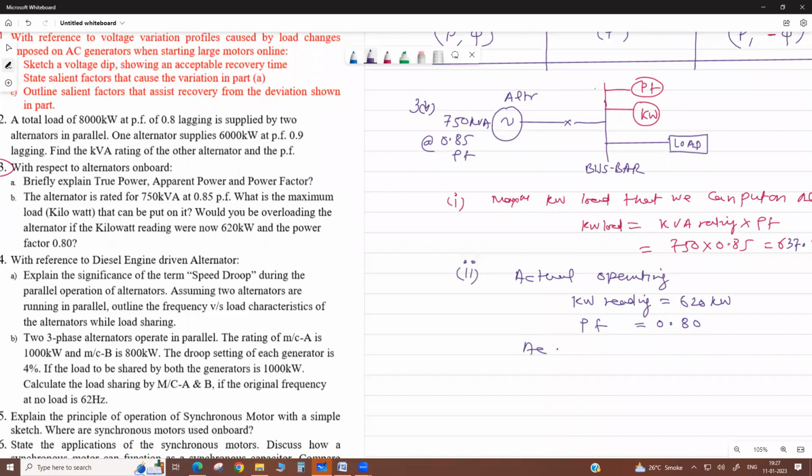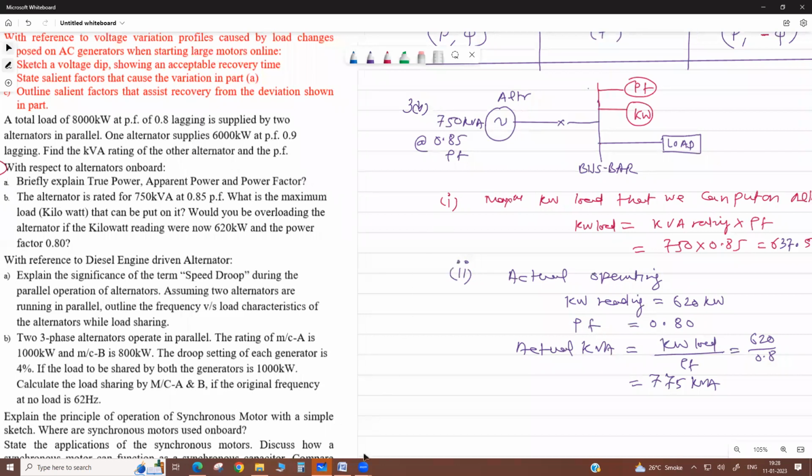So we can calculate the actual kVA load on the alternator equals kilowatt load divided by power factor, 620 divided by 0.8, which comes to 775 kVA. So what is the rating? 750. So the kVA load on the alternator is increased.